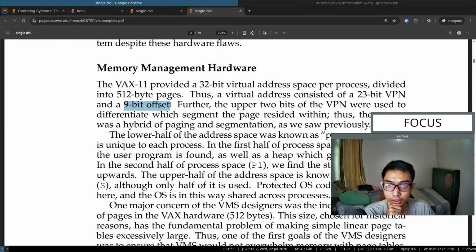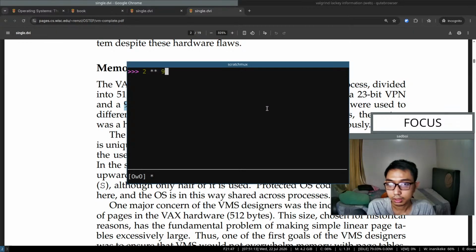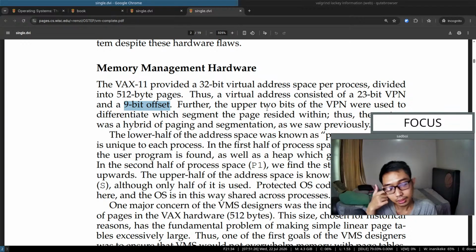That's why the offset is 9 here, since 512 is 2 to the power of 9. That's how we got the offset bits here. Just to refresh some memory.